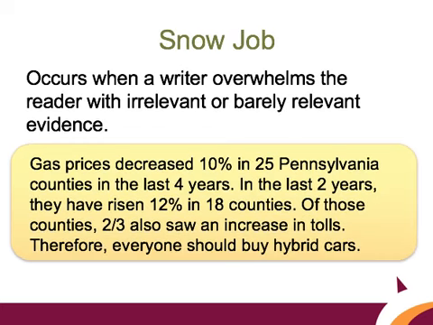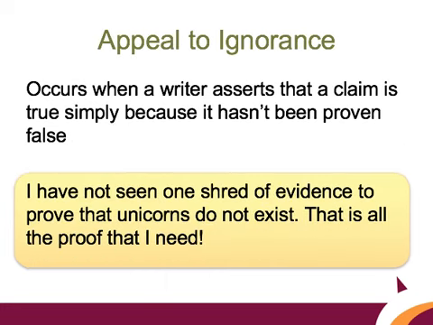Snow job, basically this is when you try to overwhelm the reader with a bunch of information, and all or none of it is relevant, right? You're just trying to convince by the sheer number of facts that you're presenting. Appeals to ignorance: when a writer asserts that a claim is true simply because it hasn't been proven false.